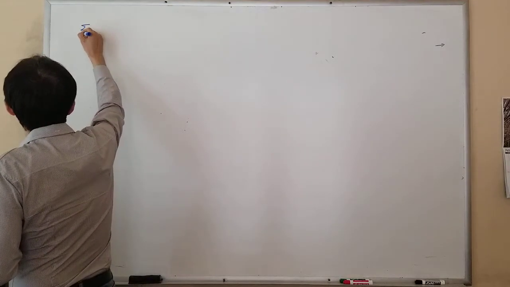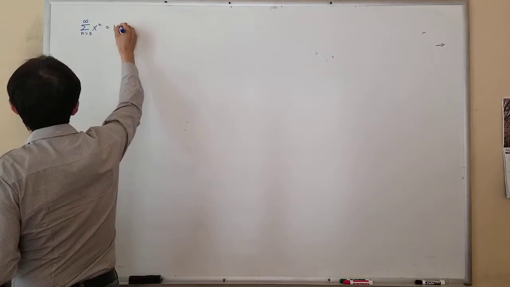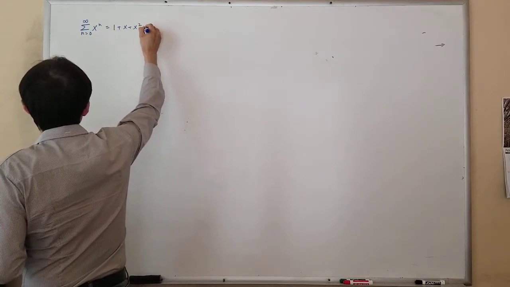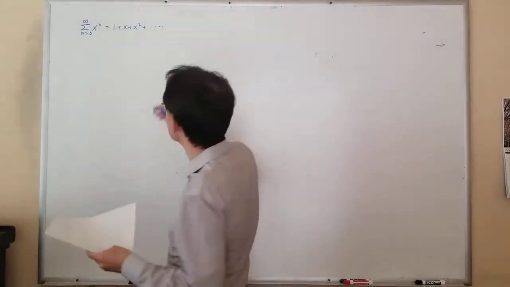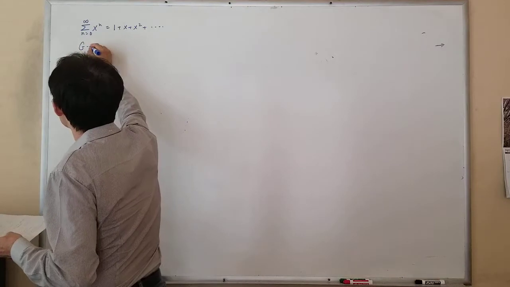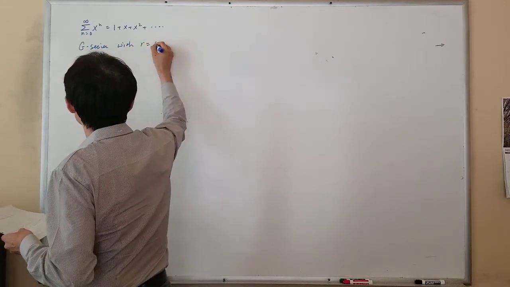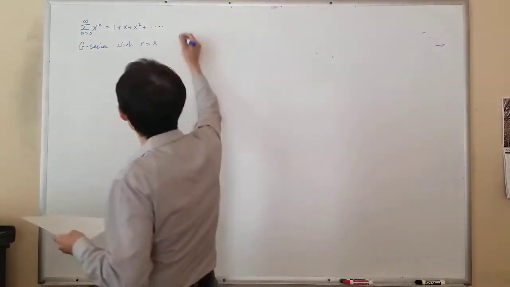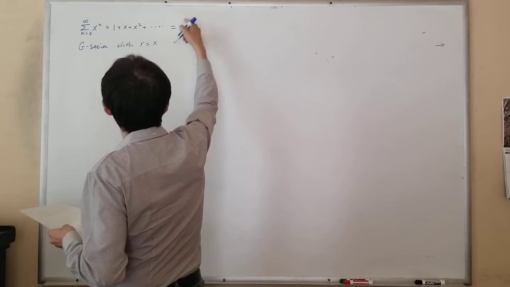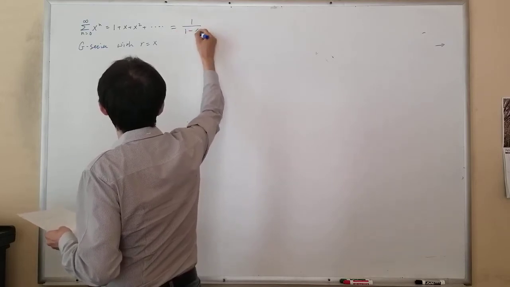If you have the sum of x to the n, 1, x, x squared, that's an infinite series. This is a geometric series with common ratio x. Therefore, this must be first term over 1 minus common ratio.